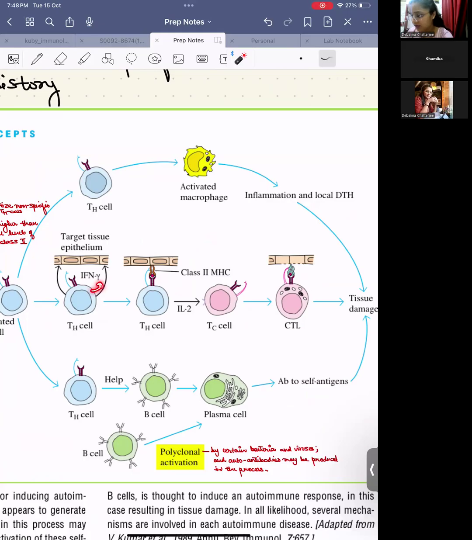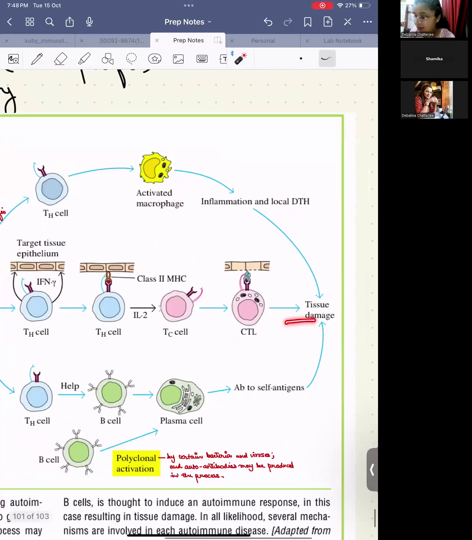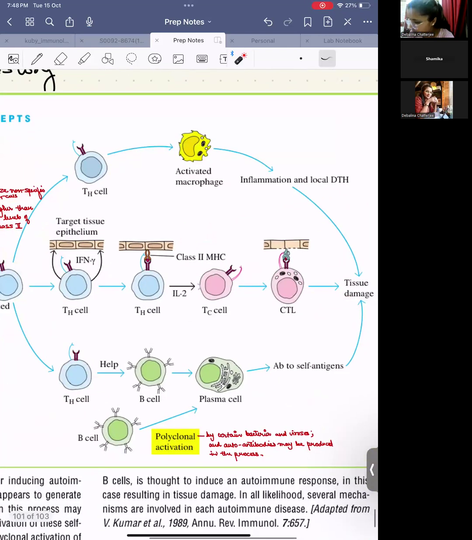It can produce some sort of cytokines. It can also switch its classes. It can also cause activation of TC cells, eventually differentiating into the CTLs, again leading to tissue damage. It can also activate the B cells, which leads to differentiation of plasma cells, and eventually antibody against the self antigen is getting produced.